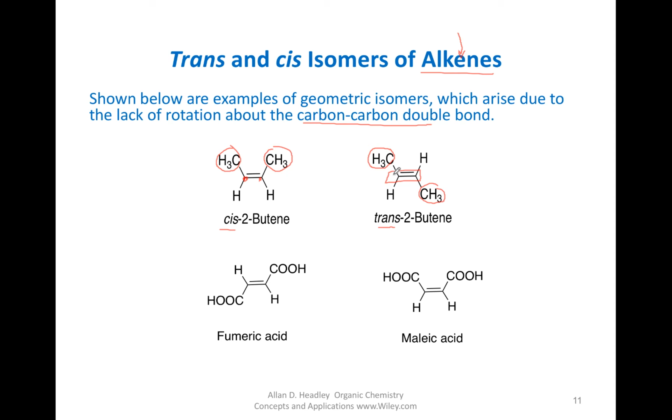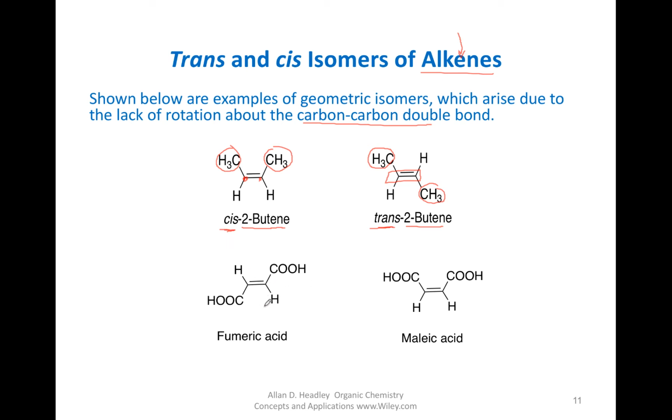Notice before we did this, if you were asked to give the IUPAC name, it would just be 2-butene or 2-butene. But now, because these are isomers, in this case cis and trans geometric isomers, we can indicate the difference in structures based on names.